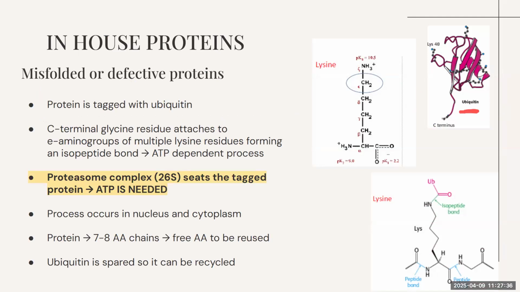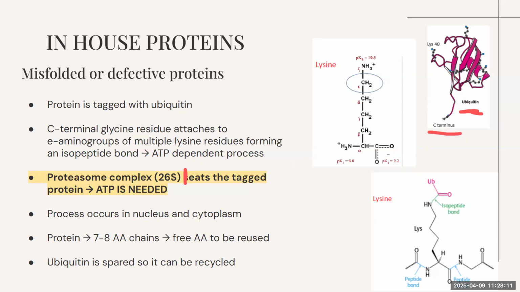Please make sure you're very comfortable with this concept, because it has been asked on multiple occasions in both the TVL and the past exams. Ubiquitin tags the defective proteins so that the proteasome can eat, this is eats, not seeds, the tagged protein.